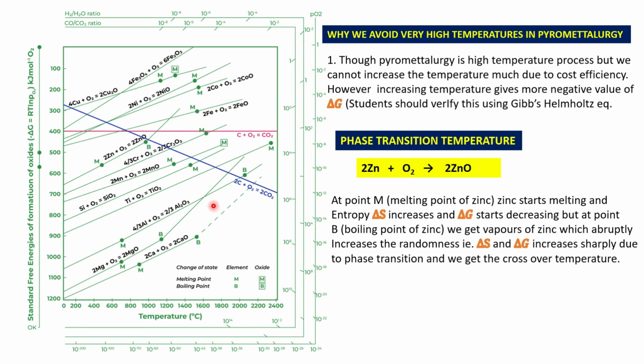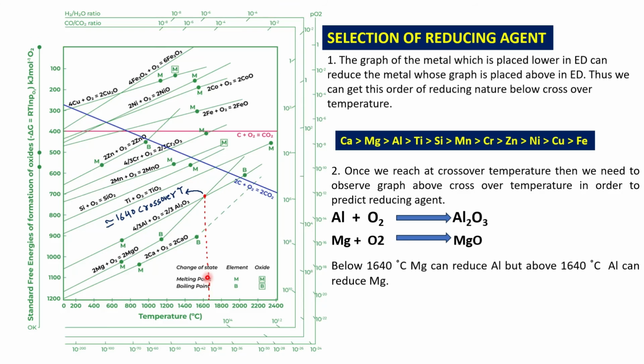Please remember this point; the crossover temperature is very, very important. See, this is the plot of magnesium, and this is the plot of aluminium, and they are crossing each other here. So this temperature is the crossover temperature, and it is around 1640 degrees centigrade.